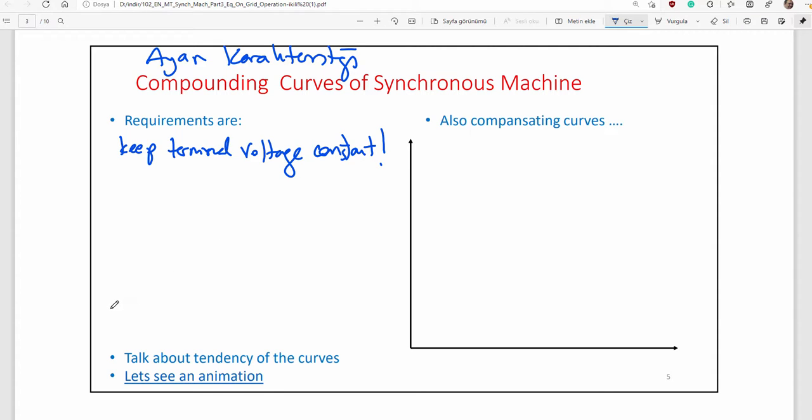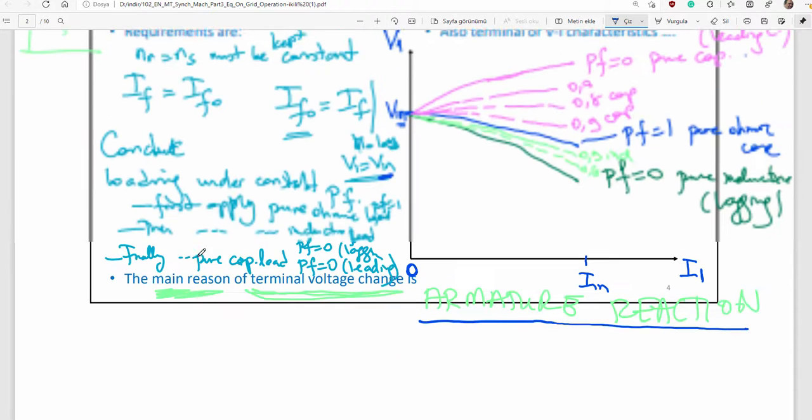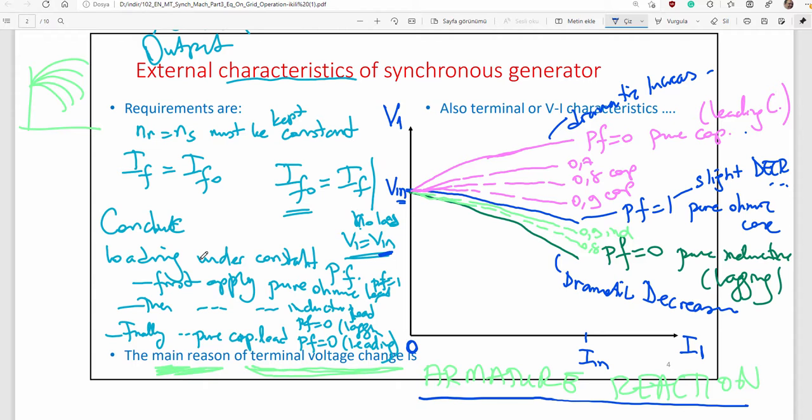During the experiment, you should keep terminal voltage constant. Is it possible? Here you see, when you apply some loads at different power factors, you observe some change in the voltage across the terminals.